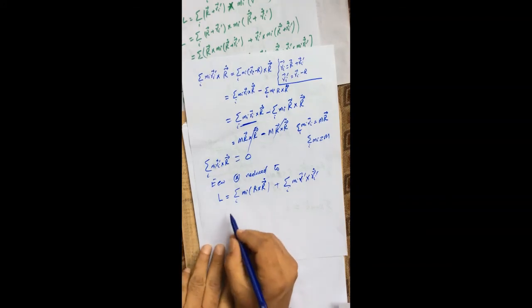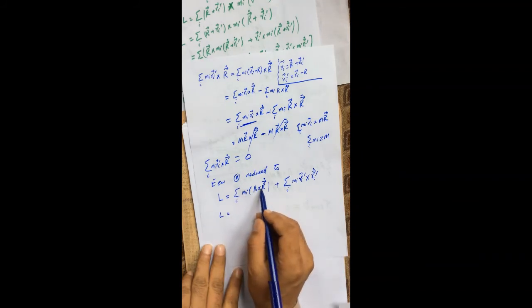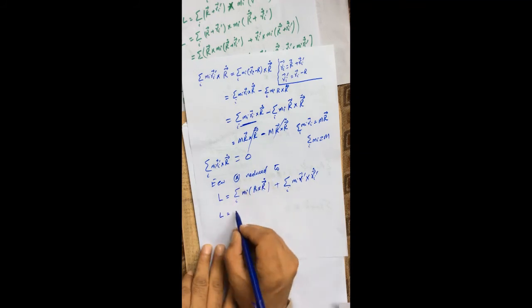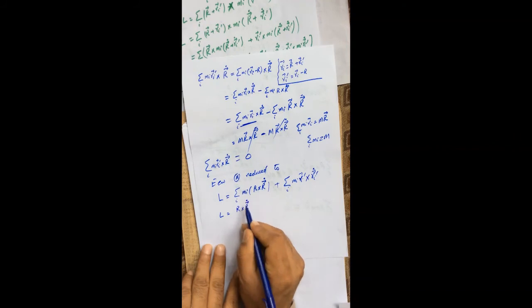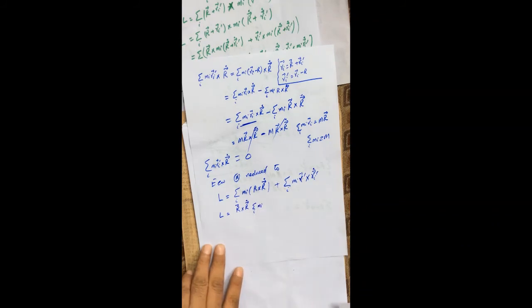Now here I will write L is equal to sum over i of mi. It means that this R cross R dot is constant, so I'll keep it outside of the summation. So we have R cross R dot, and then we are left with sum over i of mi.